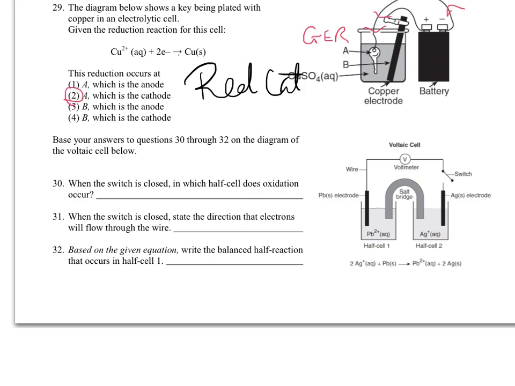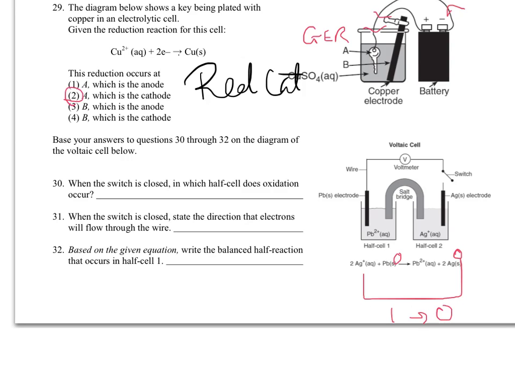The lead is by itself and no oxidation state is given, so it must be 0. And then we form a lead ion and a silver atom. Since the silver is by itself and no oxidation state is given, it must be 0. So here we notice that the silver's oxidation state is going from 1 to 0. That is a reduction.